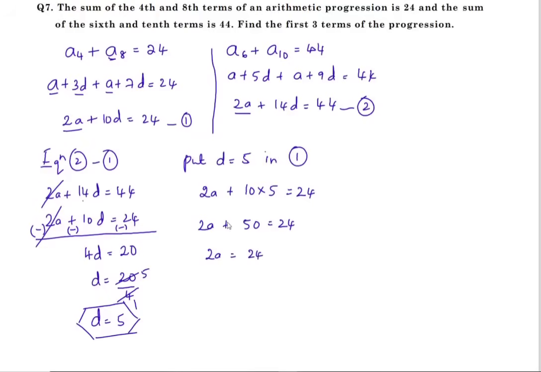Shift plus 50 to the RHS, it becomes minus 50. Now 2A equals 24 minus 50, which is minus 26. Now A equals minus 26 by 2. A equals minus 13.